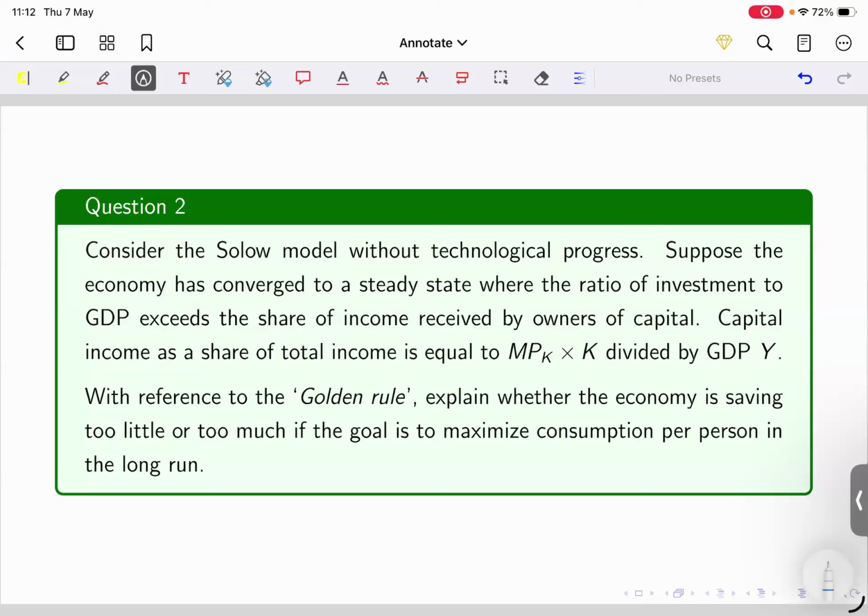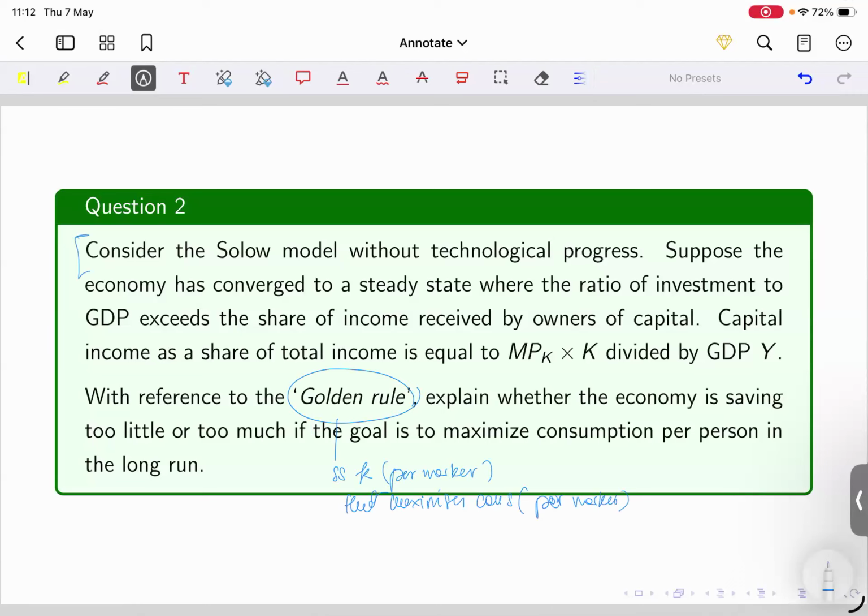So this is precisely what the golden rule is. It identifies the steady state capital, per worker here, that maximizes consumption.